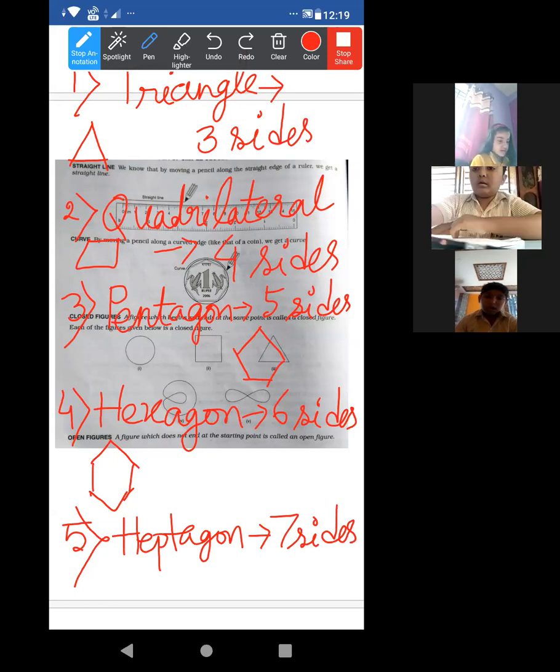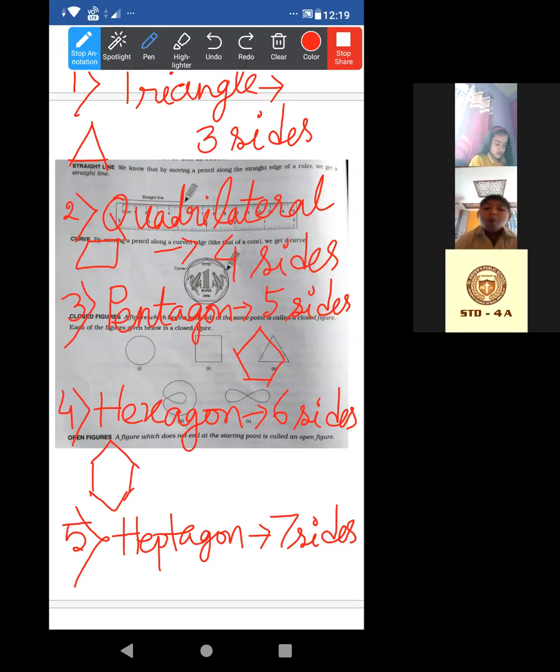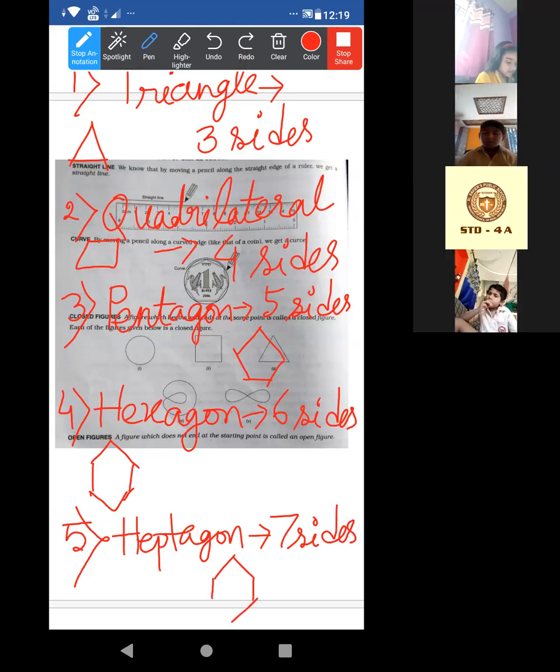Look at this: 1, 2, 3, 4, 5, 6, 7. There are 2 sides, one this one, another this one. All of you have written up to heptagon? Yes, okay.